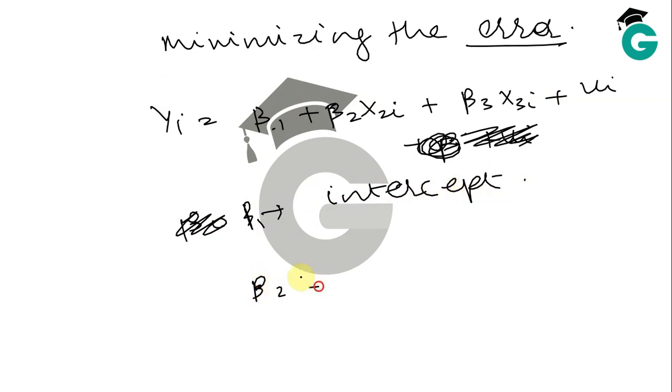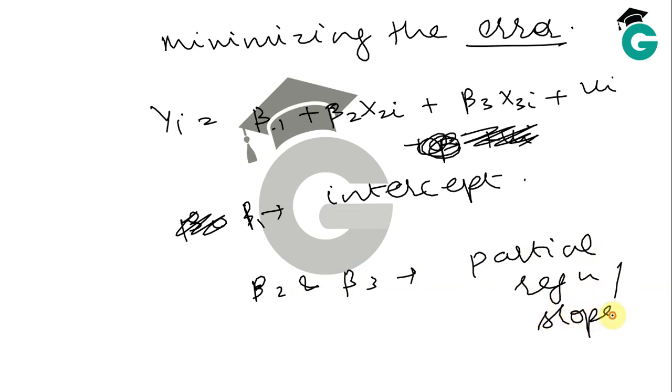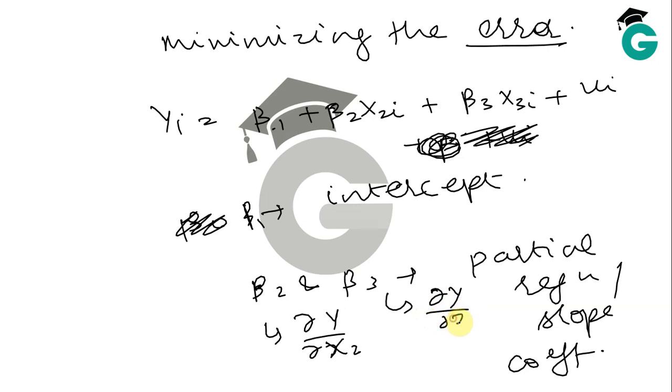Beta 2 and beta 3 are called your partial slope coefficients or partial regression coefficients. Beta 2 is nothing but del y by del x2, and beta 3 is nothing but del y by del x3. They're called partials because you're taking a partial derivative. When you interpret beta 3, you keep x2 constant.